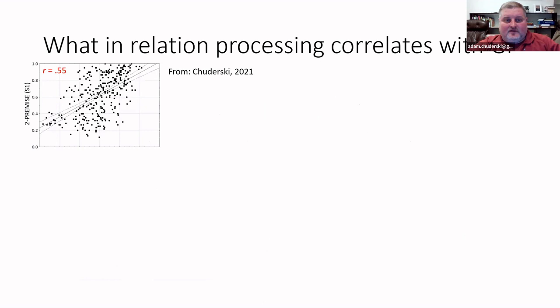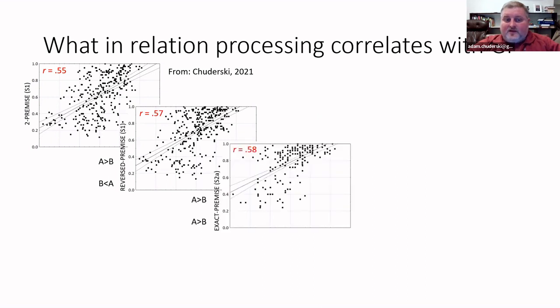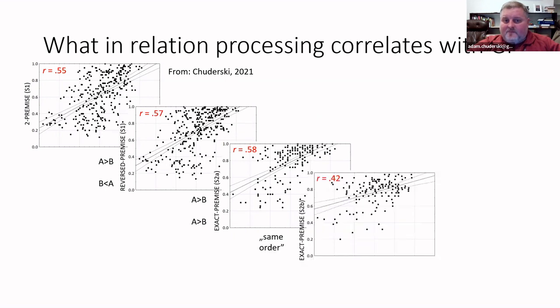So these are the results. When we applied a reduced transitive reasoning task with two premises, it is a typical strong correlation for this task with cognitive ability. When we asked only about reversed premises, the correlation was the same. When we asked about the same relation, just compare two relations, find two identical relations, nothing must be reversed, the correlation is still the same.